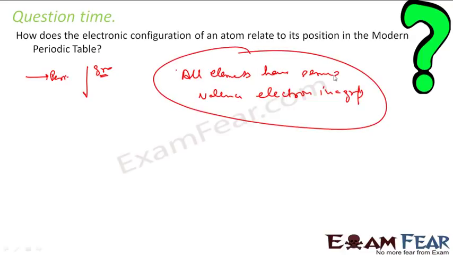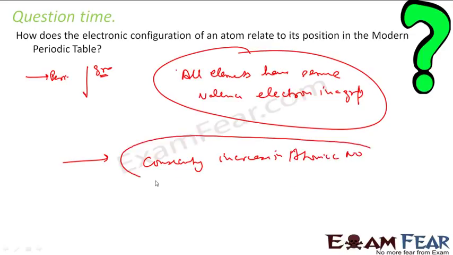All the elements in a group have the same valence electrons. If we talk about periods, there is a consecutive increase in atomic number as you go from here to here.